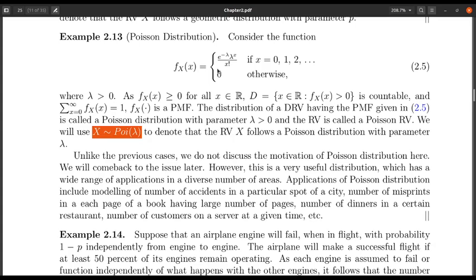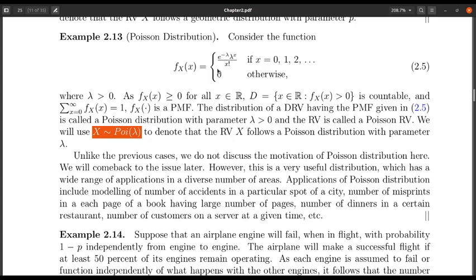But just for information, as this is the approximation of the binomial distribution for large n and small p, whenever I can use the binomial distribution, I can also use the Poisson distribution provided n is quite large.